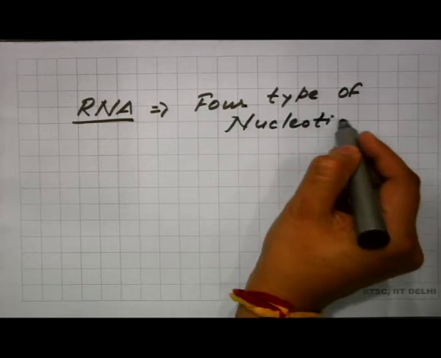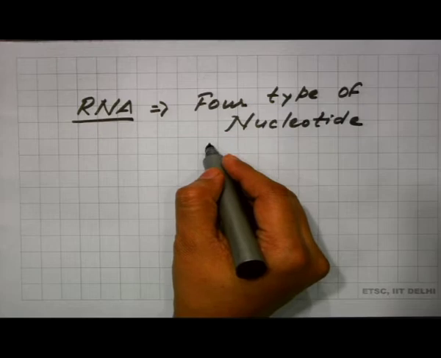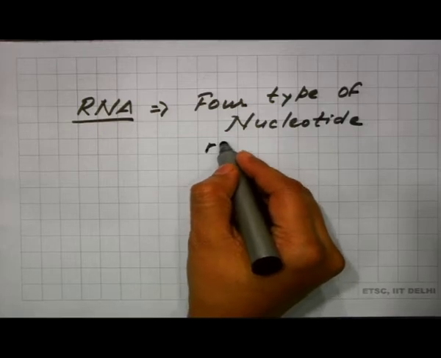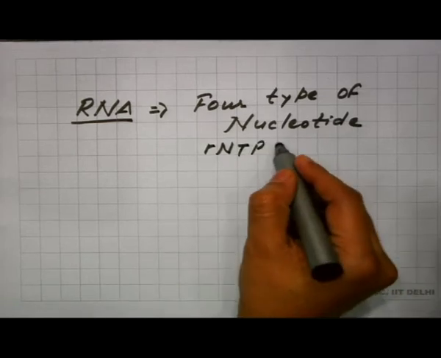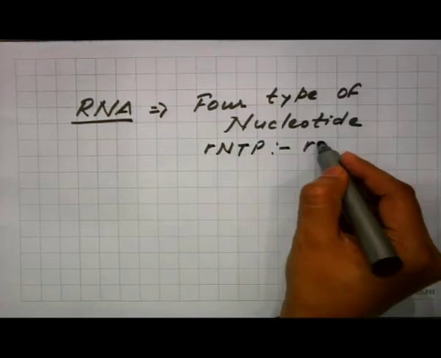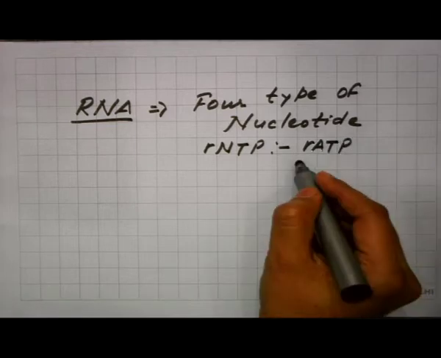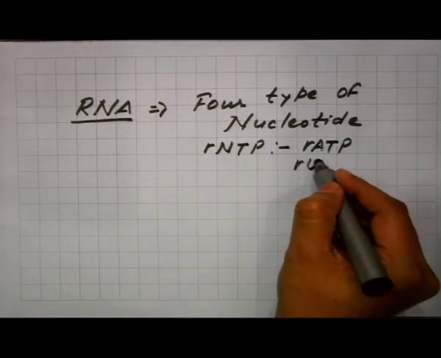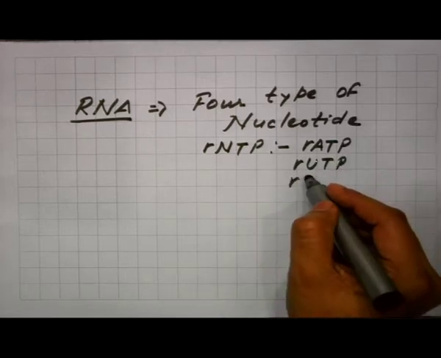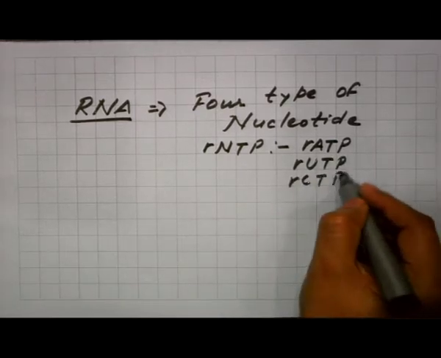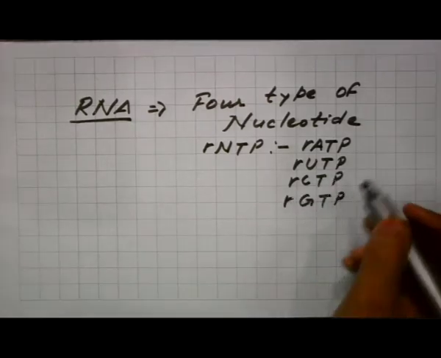These are ribo adenosine triphosphate, ribo uracil triphosphate, ribo cytosine triphosphate, ribo guanosine triphosphate.